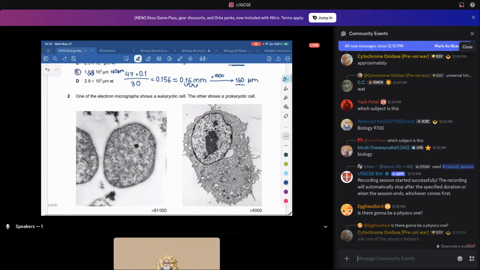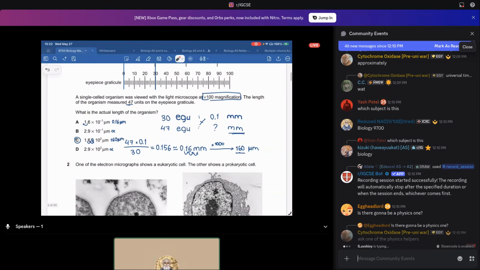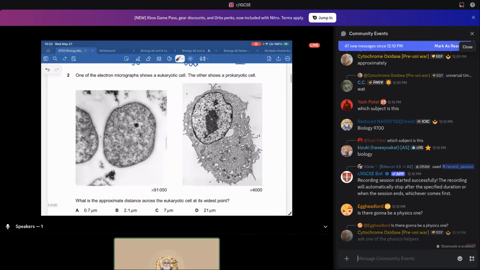The answer is C. Yeah, magnification times 100. Also, while calibrating, if the magnification changes, then we have discussions to go. But if the magnification is the same, then it's the same calibration and there's no change.